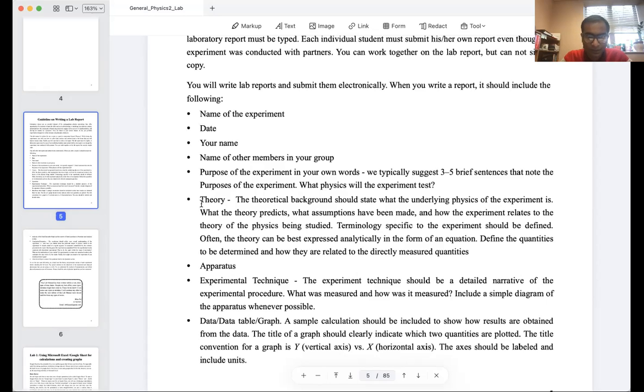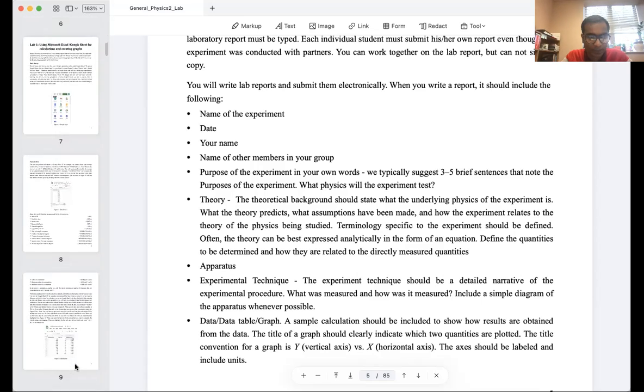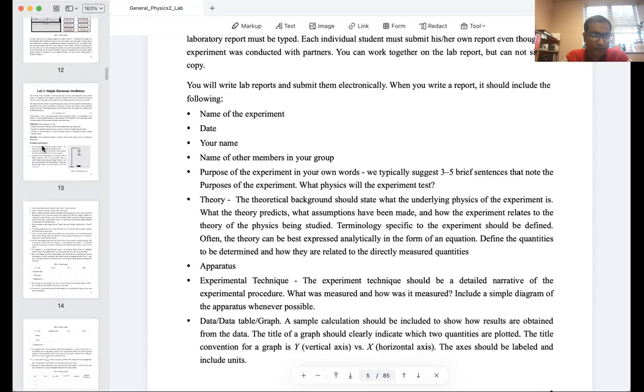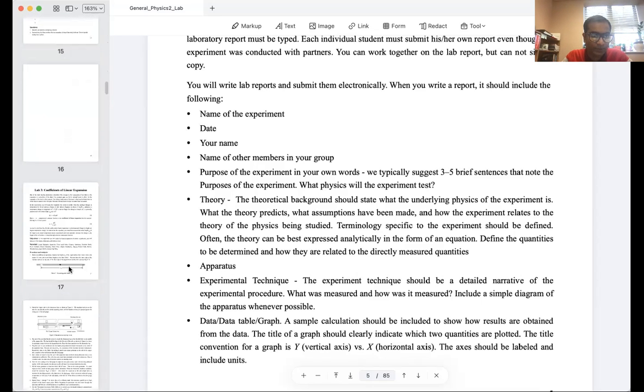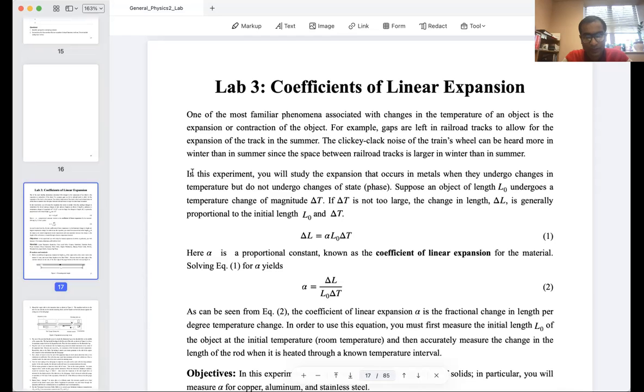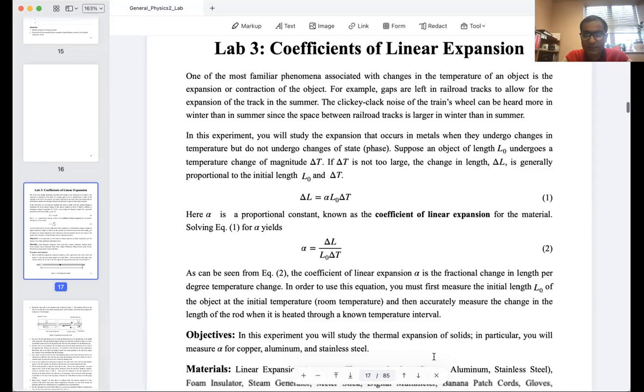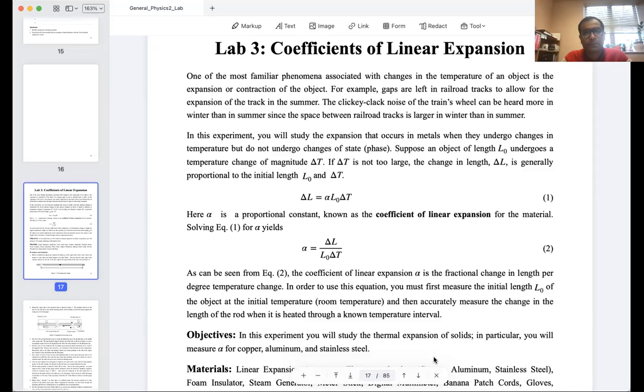You should also put theory. In each lab, I already wrote about the theoretical background. For example, if you go to lab 3, I talk about the theoretical background here. So read it and summarize it.